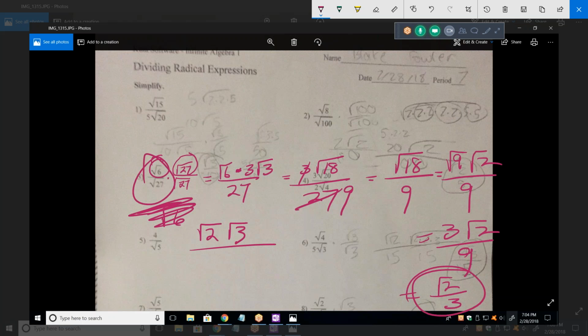And if I were to write the denominator as 3 root 3, correct? Wow, look what happens. One step. One step to get to that answer that it took me 1, 2, 3, 4, 5, 6, 7 steps.